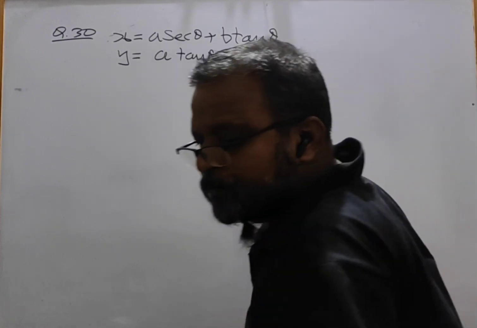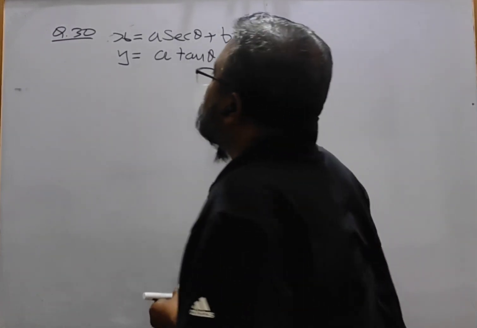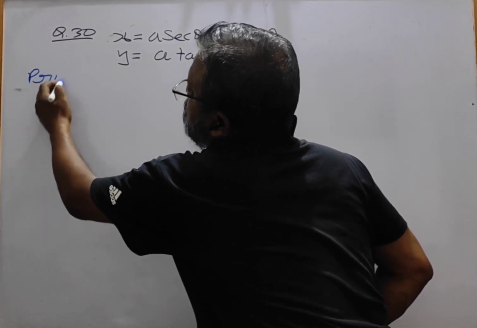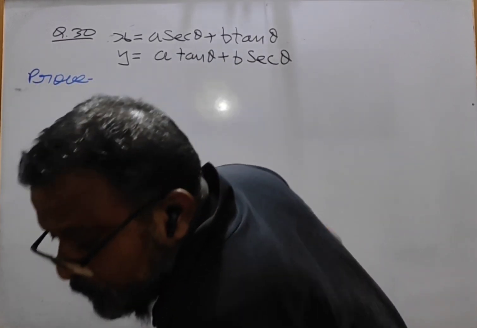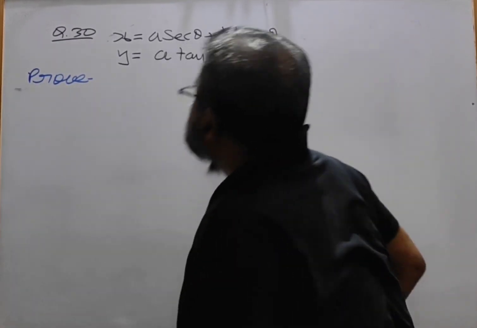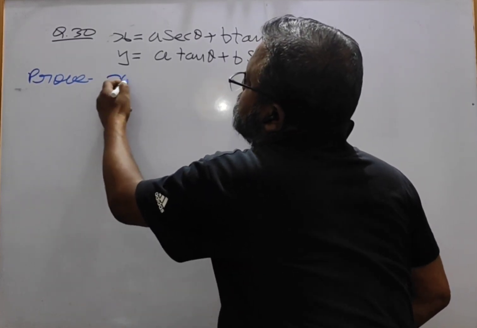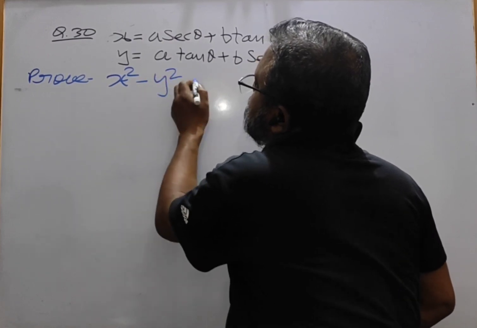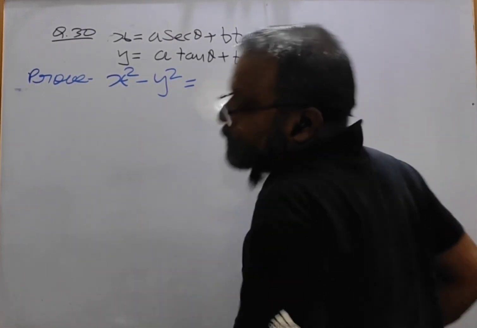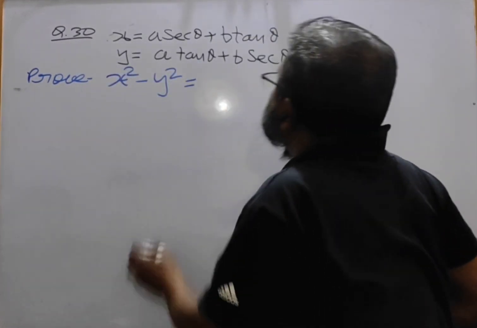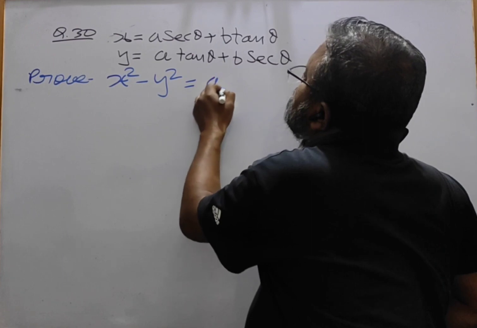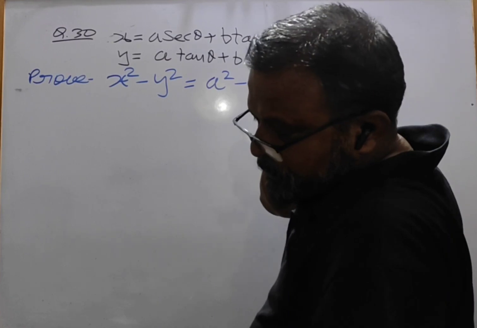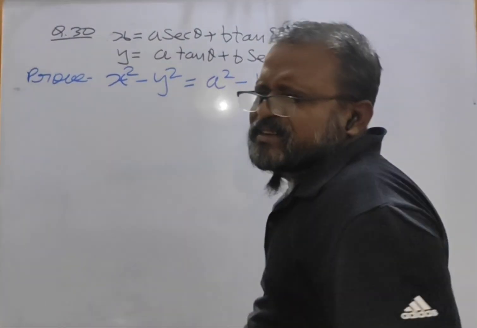So you have to prove that x square minus y square is equal to a square minus b square. A square minus b square. Right? So what do you do in that?